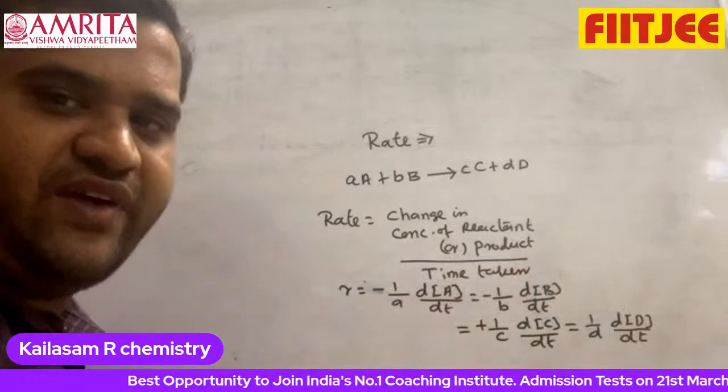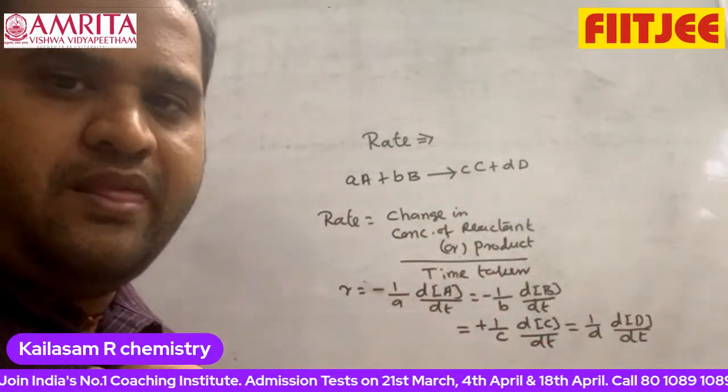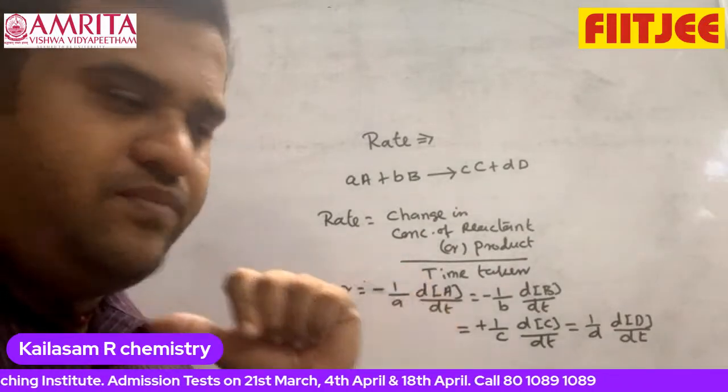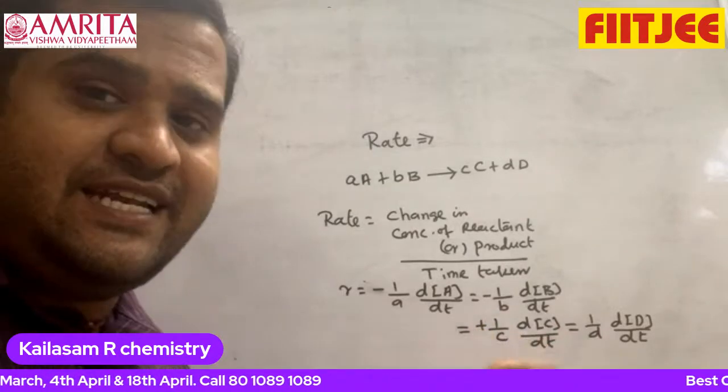This is how the rate is defined. The negative sign indicates a decrease in concentration of reactant with respect to time. At the same time, the plus sign indicates an increase in concentration.